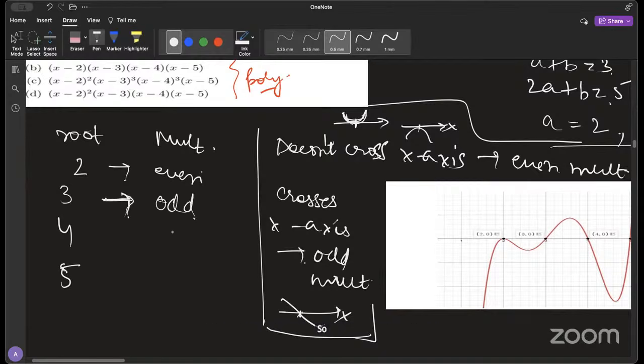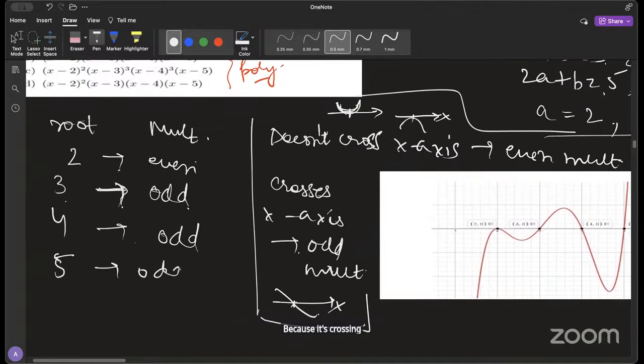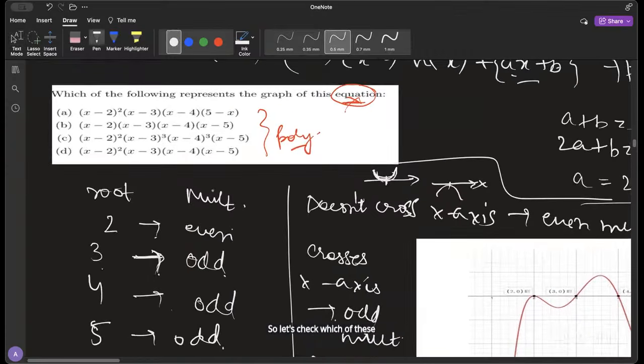So the multiplicity of the root x equal to 3 should be odd. Then the multiplicity of 4 should be odd because it's crossing again, and the multiplicity of 5 should be odd because it's crossing again. So let's check which of these options is not consistent with this information, if there is any.